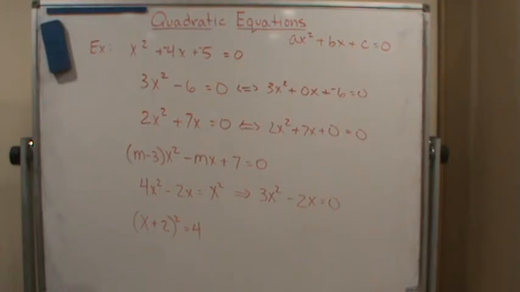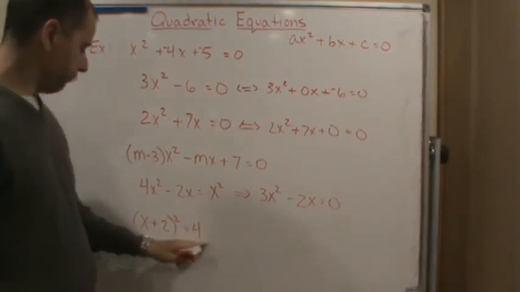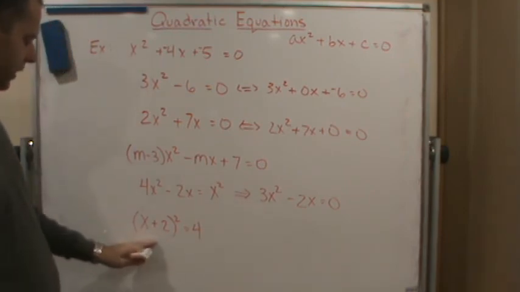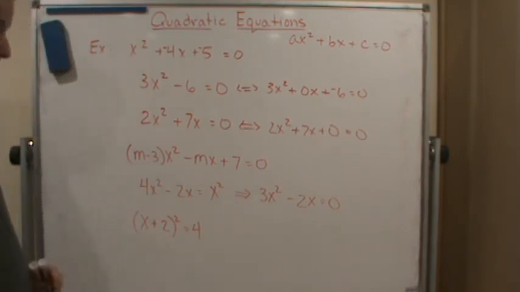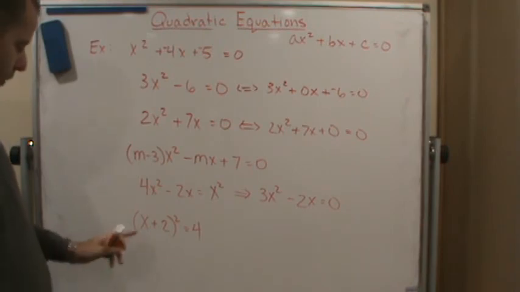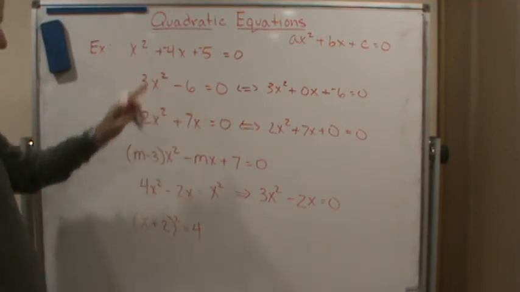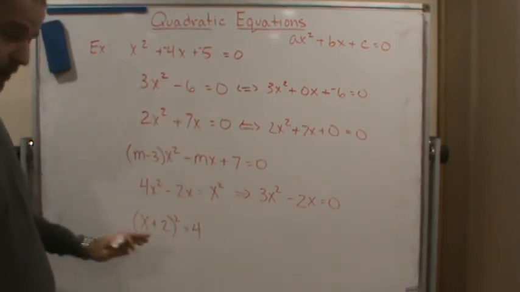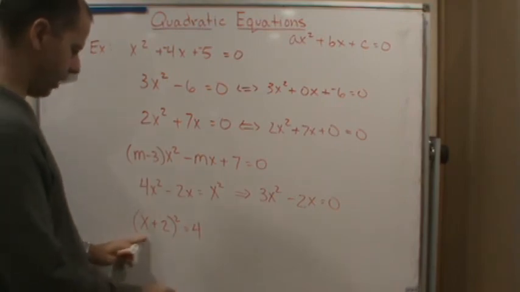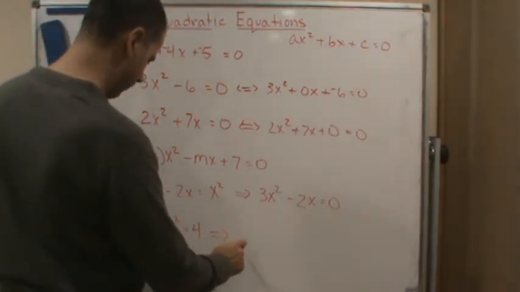And now finally, the last one here doesn't look like it's quadratic until you expand it out. We've got an x to the first term, and you're like, wait a minute, how can that be quadratic? We need an x squared term. Well, let's simplify this. If we FOIL this out, what do we get?